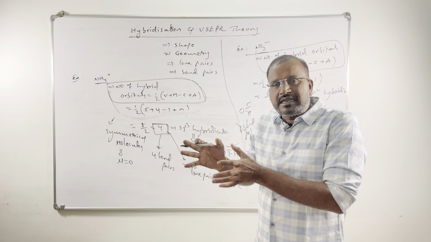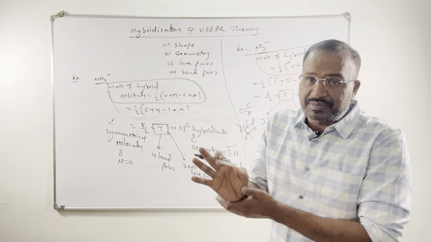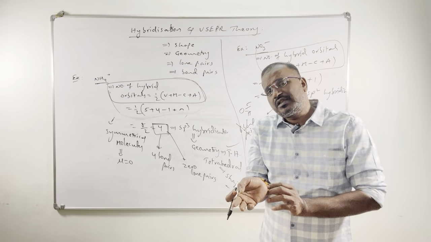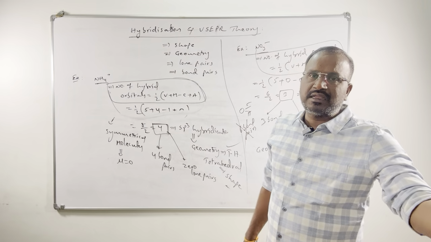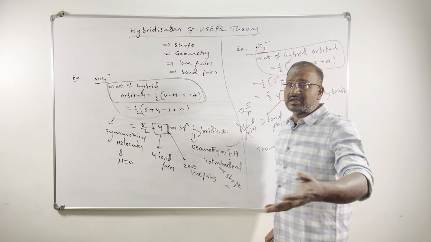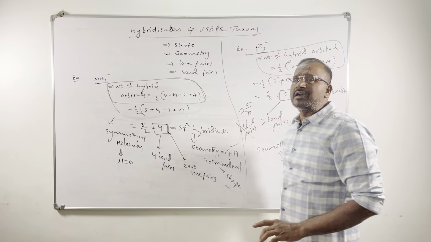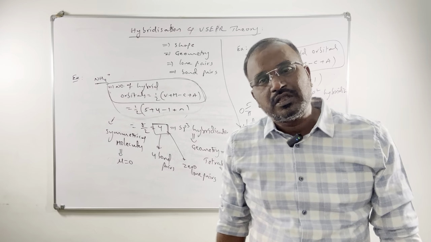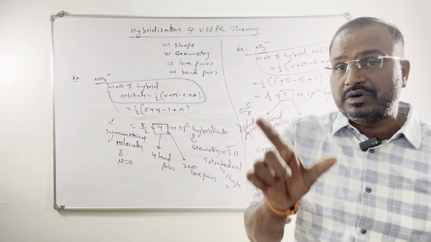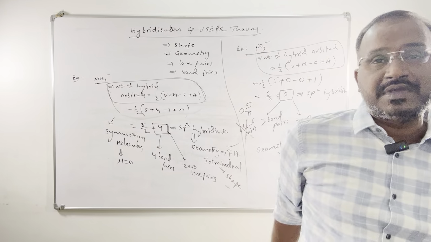In previous NEET papers, previous exam papers, if you search the books, you will get many examples. Every day those who are writing, and every weekend those writing the NEET exam and all competitive examinations, you can take any example and practice based on this concept. You will get a complete idea about hybridization and VSEPR theory.